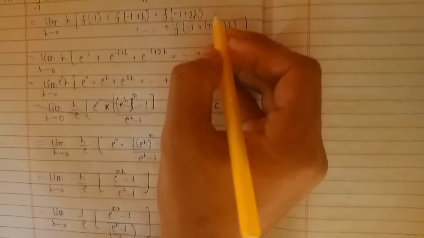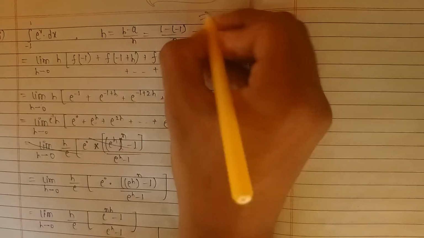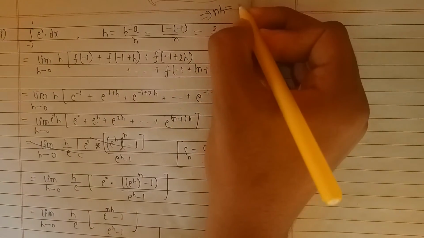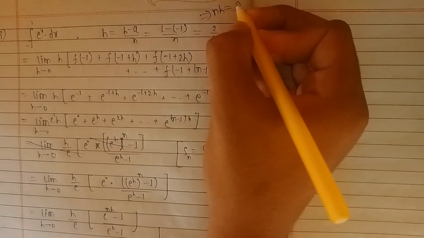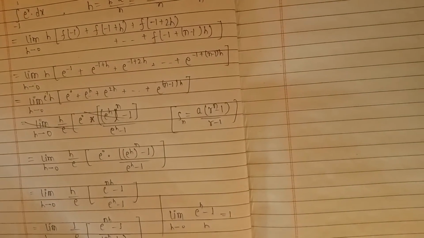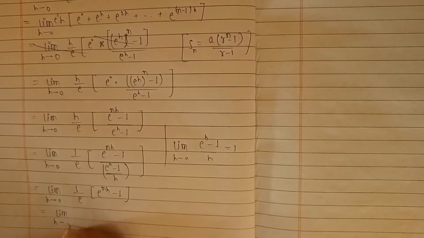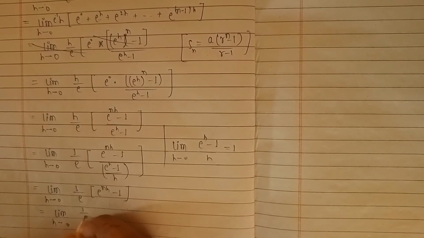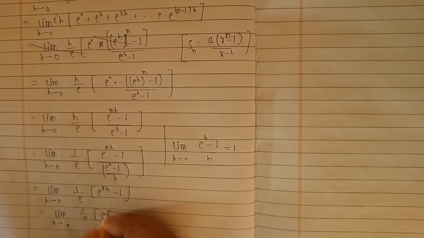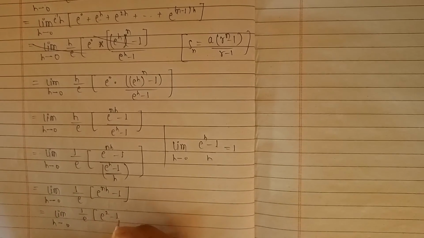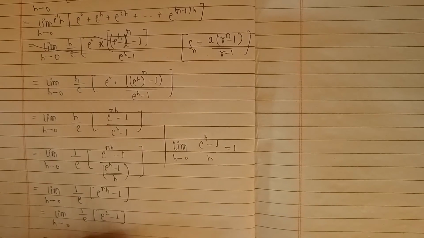Now from here we have nh equals 2. Using that, we get limit h tending towards 0, 1 upon e raised to the power 2 minus 1, which will simply be e square minus 1 upon e. That will be our answer.